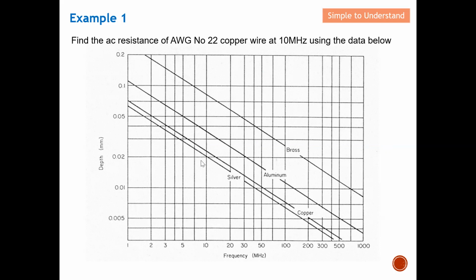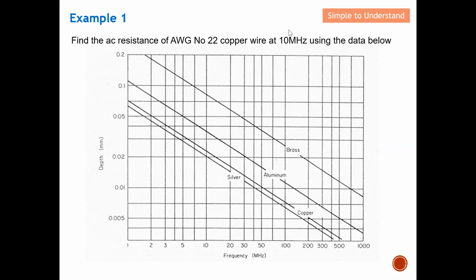This graph shows the frequency versus the skin depth. Over this graph, you can see 4 materials that are commonly used to make wire. For this question, we are using copper, so I'm going to focus on this copper line as shown here. How can we approach this question?